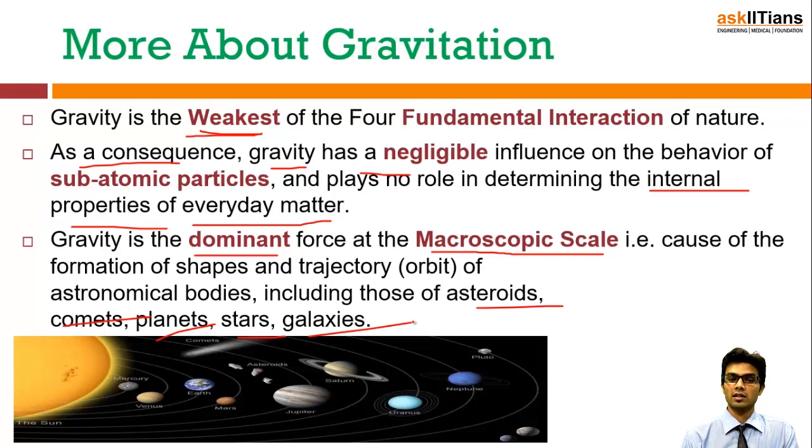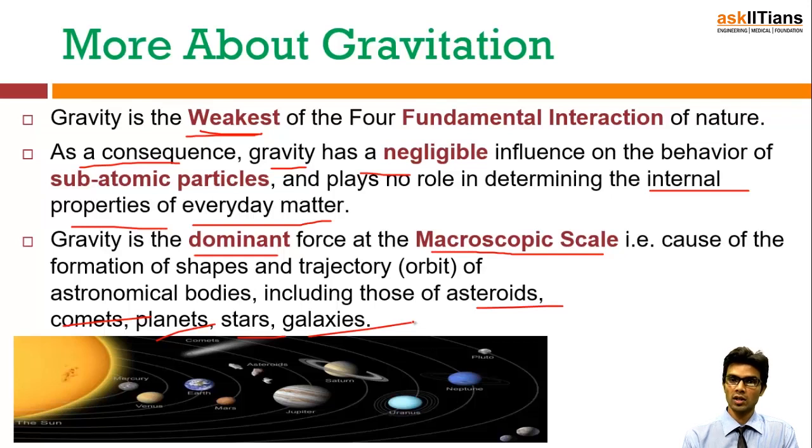But for smaller particles like subatomic particles, there is no or negligible influence of gravity, since force of attraction is directly proportional to the mass of the body. So if the body is microscopic, there is a smaller mass, and force is directly proportional to mass.